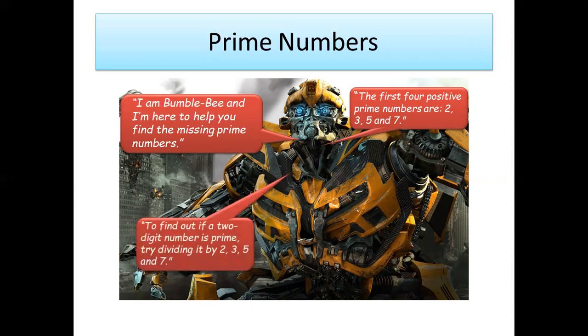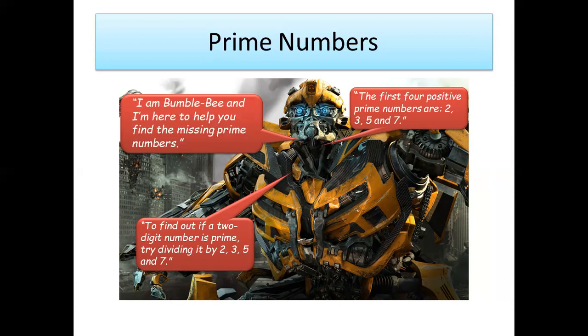Okay, to find out if a two-digit number is prime, try dividing it by 2, 3, 5, and 7. This is a key that can help you. If someone gave you a big number and asked whether it's a prime number or not, this is an easy way to know. You can divide the number by 2.